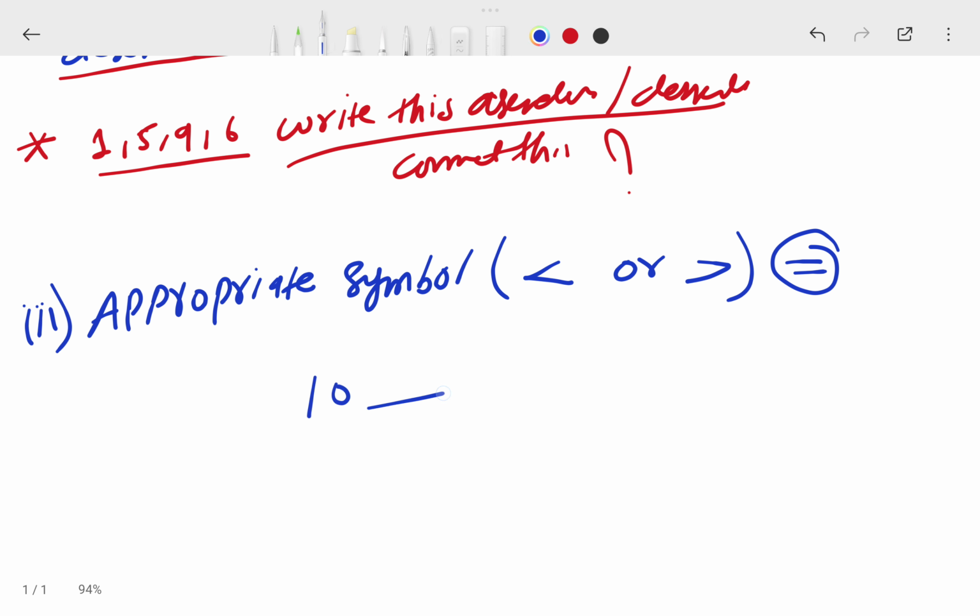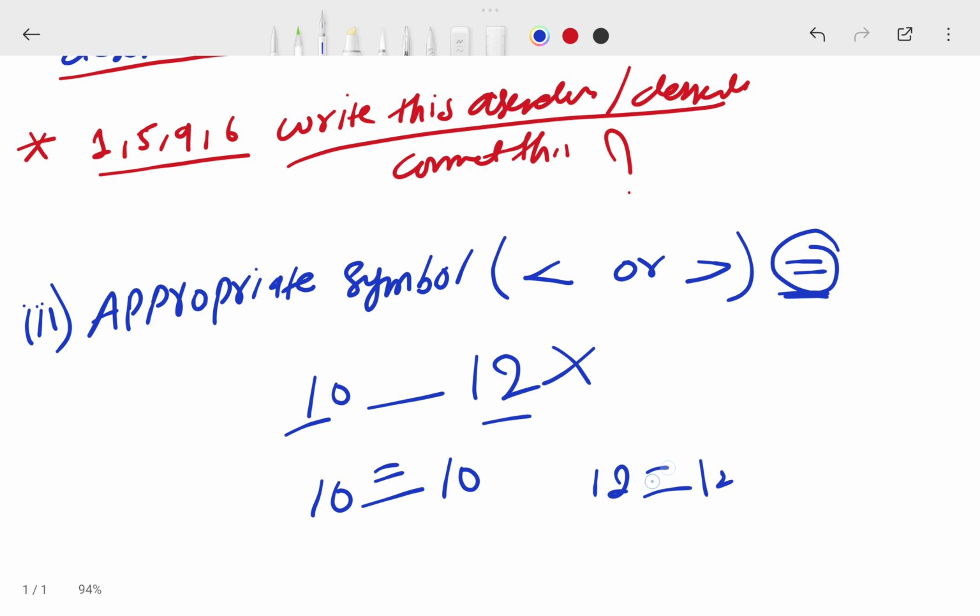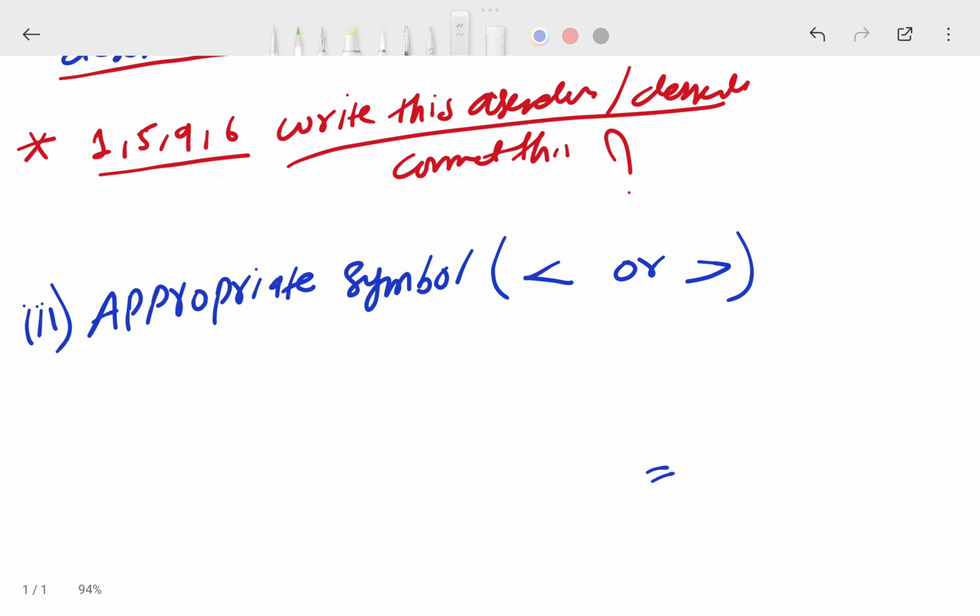If let's suppose this is 10, this is 12, will equals to come? No, both are different numbers, so equals to will not come here. But if it is 10 and 10, equals to comes. If it is 12 and 12, equals to comes. I hope you understand equals to.